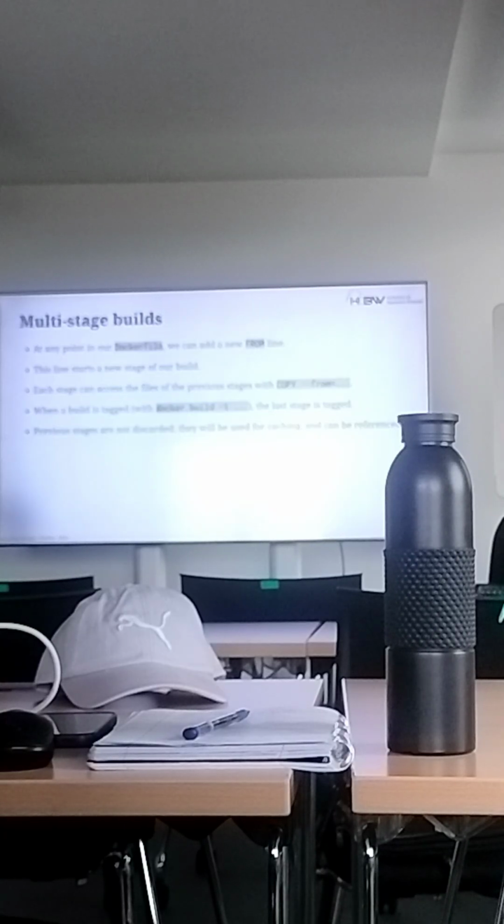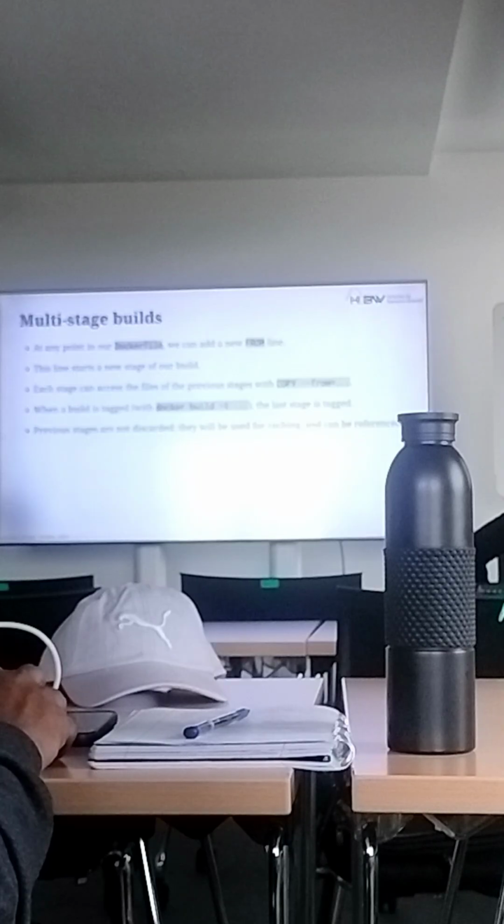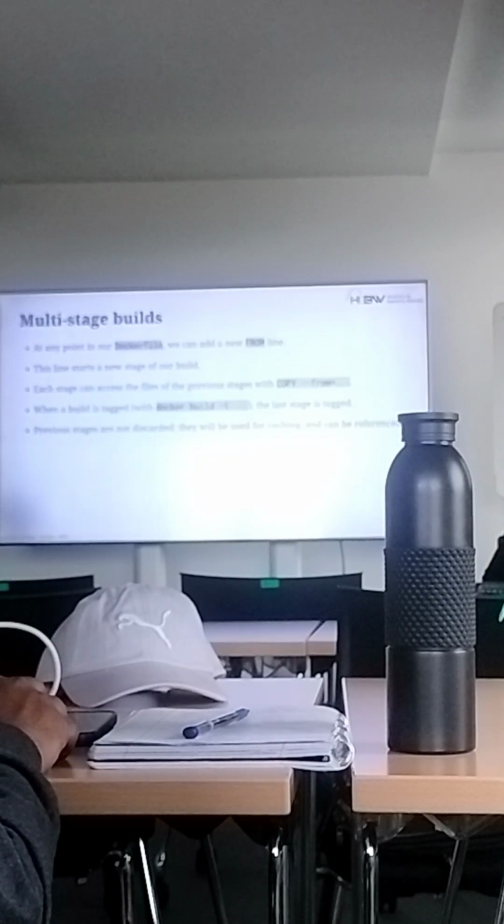When we use docker build and tag the final image, then only the latest stage is the one that is tagged. All the previous stages will still be built and they will be cached, but they will not be tagged. So when we clear the cache, then in the end we really only have the one small final image.